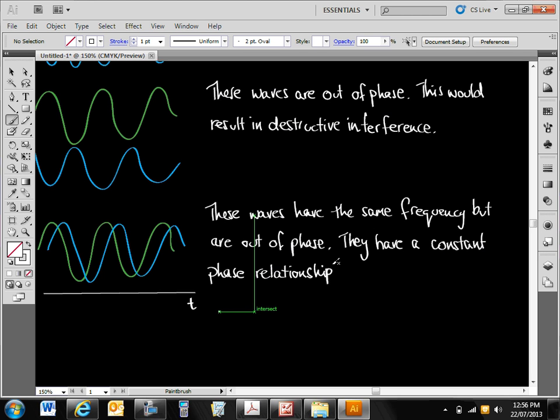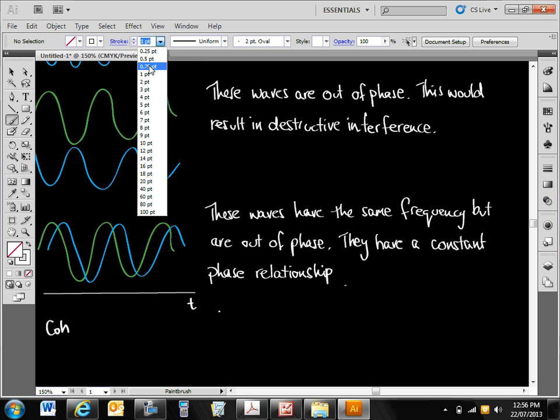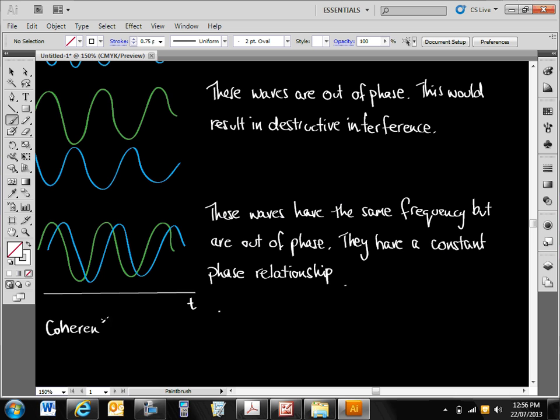It will always be the same. Coherent wave sources have a constant phase relationship.